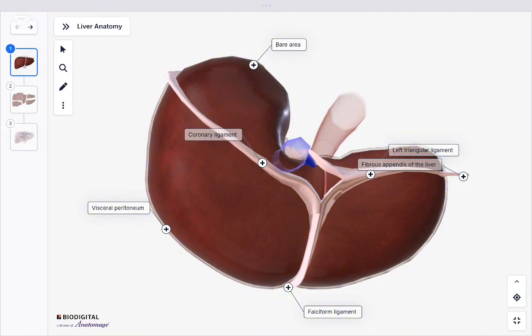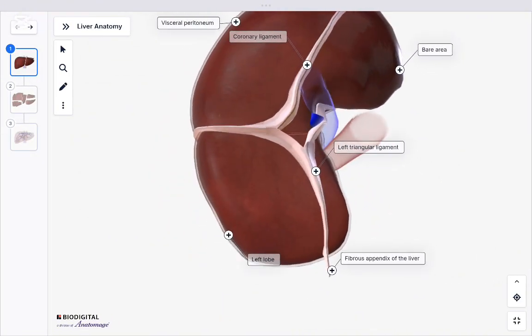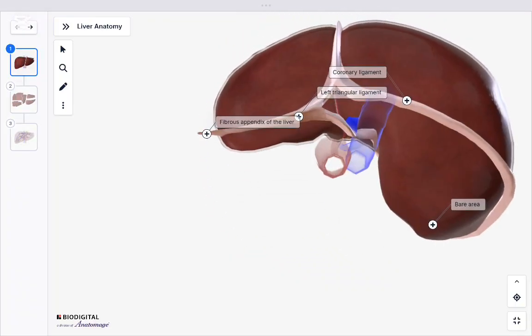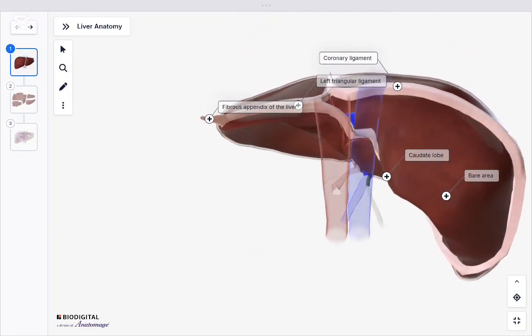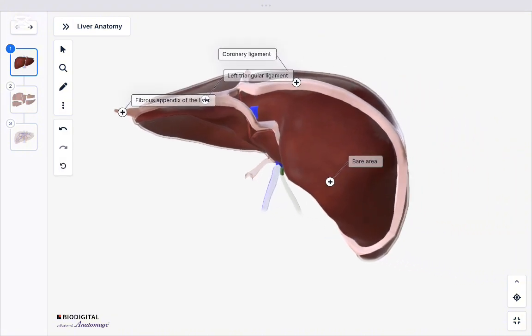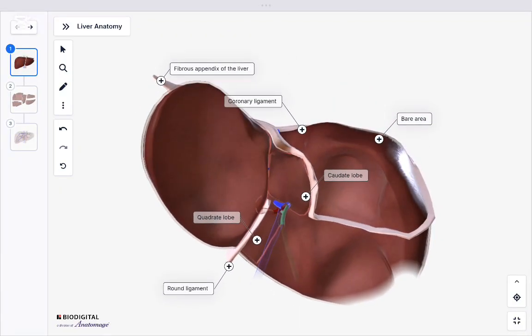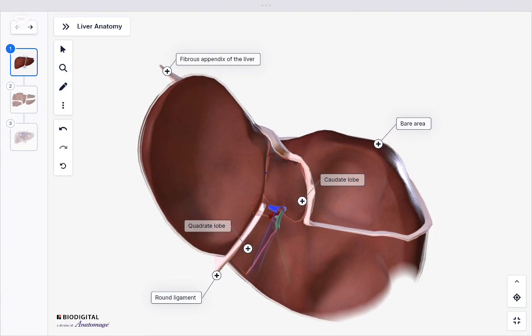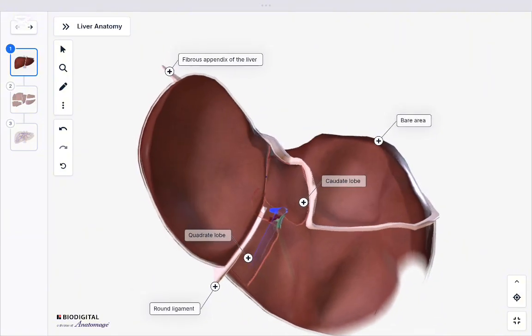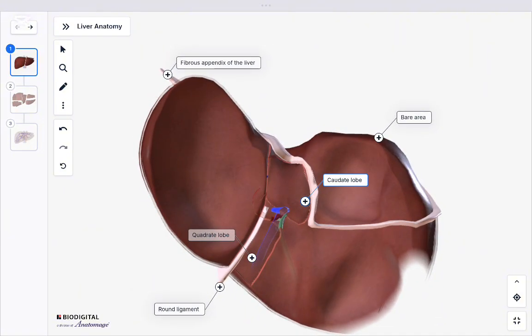When we go to the posterior surface of the liver and then move down, and remove the structures here, and go to the inferior surface of the liver, we will see the other layer of the coronary ligament. Okay, so guys, that's called the caudate lobe of the liver. I'll tell you about it.